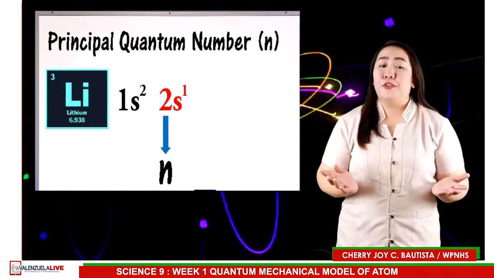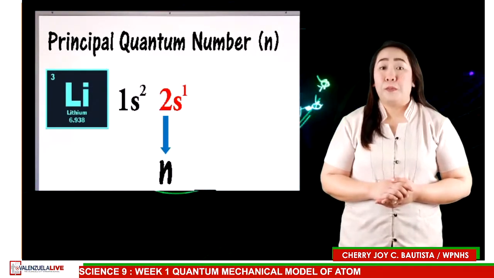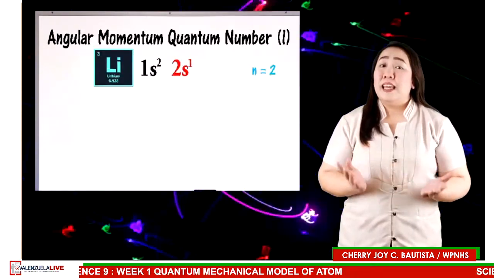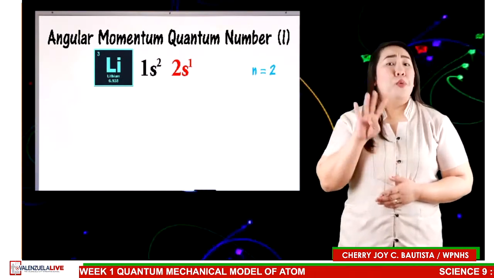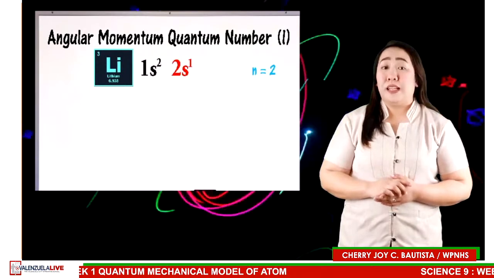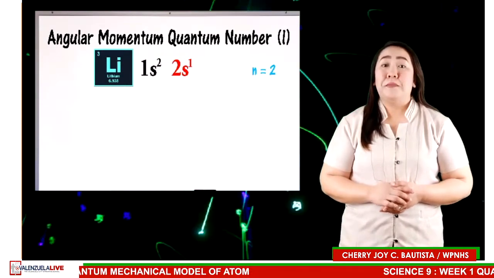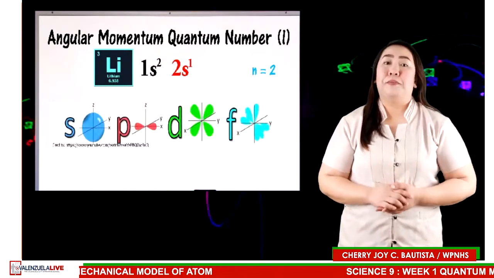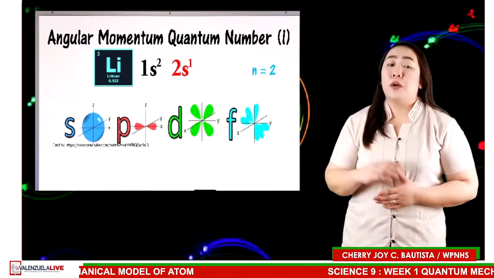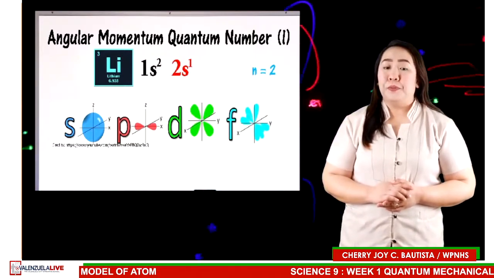Now let's look for l, or the angular momentum quantum number. l describes the type of orbital. We have 4 different orbitals as mentioned earlier. These are the s, p, d, f. For s orbital, the l value is always 0.